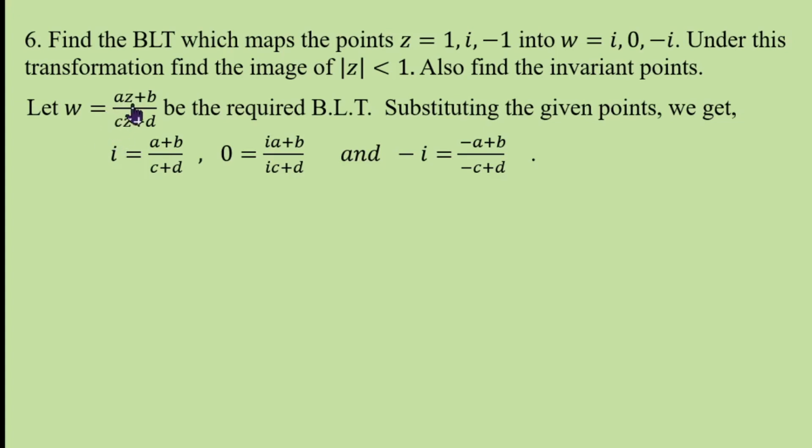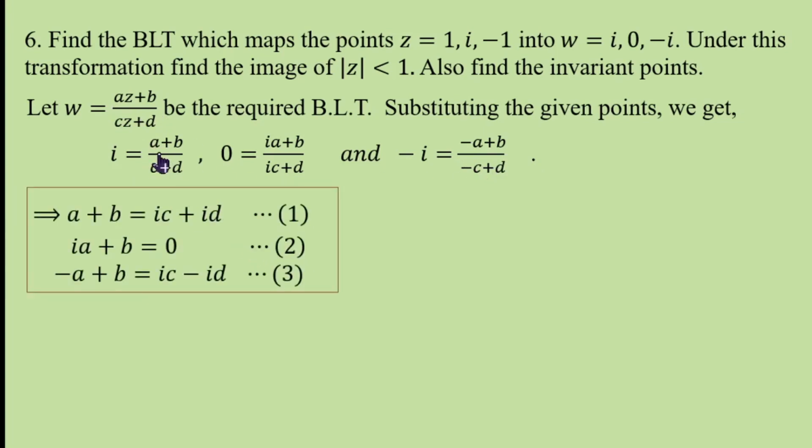Now, W equals AZ plus B by CZ plus D. By substituting the given points: i equals A plus B by C plus D; 0 equals, Z is i, therefore iA plus B by iC plus D; and minus i equals, Z is minus 1, therefore minus A plus B by minus C plus D. So we got these three equations.